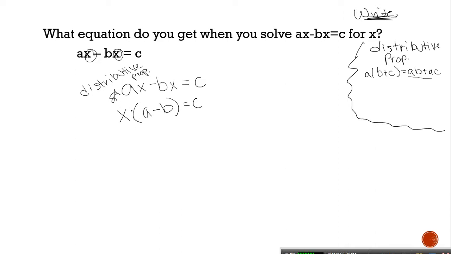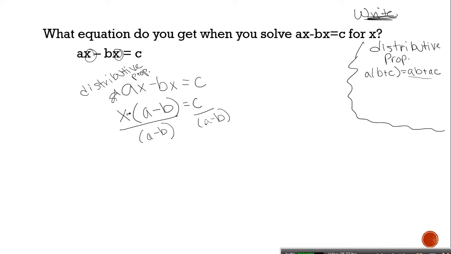Now, I needed x alone. If I remember right, when I have a variable right beside parentheses, that means multiplication, if you guys remember that. So I need to get x alone, so I'm going to break this multiplication. And the opposite of multiplication is division. So I'm just going to divide everything by a minus b.